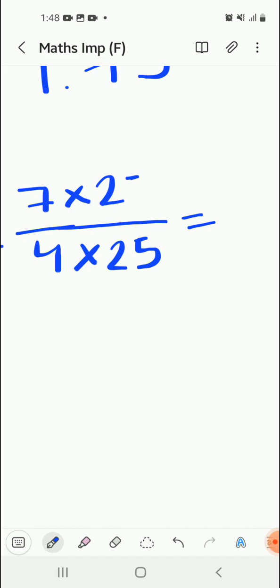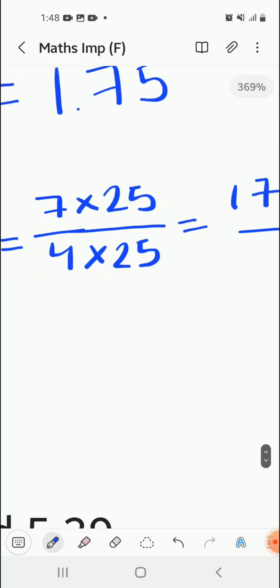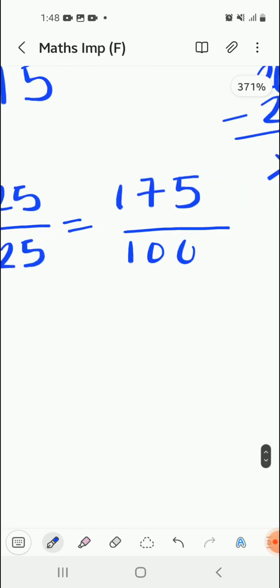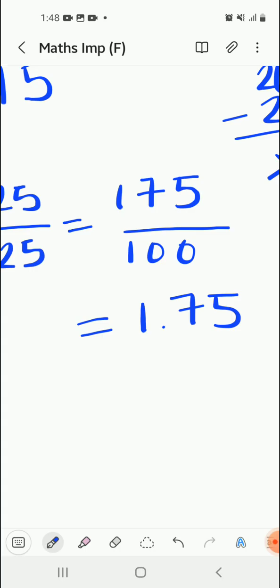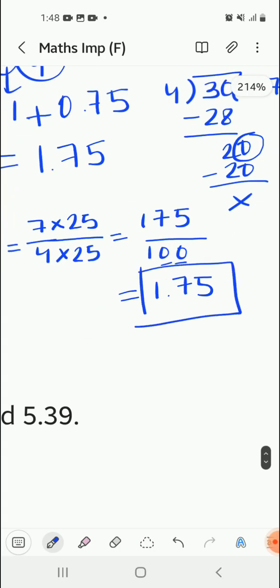Multiply the same with the numerator as well. Now if you multiply 7 with 25, we will get 175, and multiplying 4 with 25 we get 100. So my answer becomes 1.75. Two decimal places because of two zeros, right? So 1.75 becomes my answer.